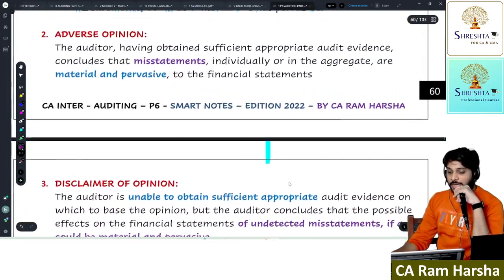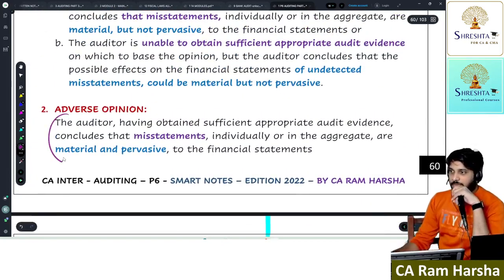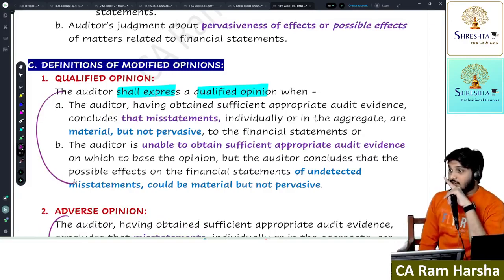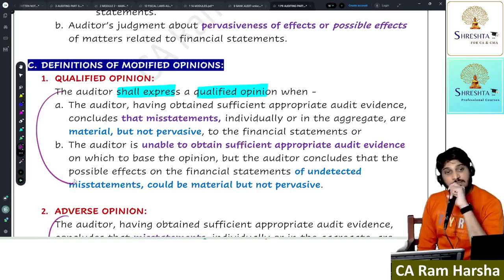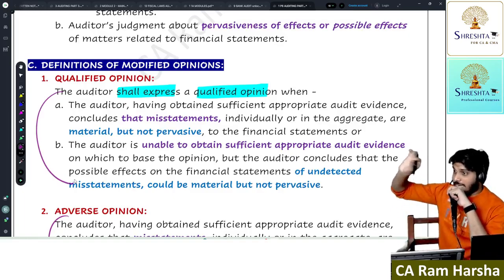And that's why you see, disclaimer of opinion has only one para definition, adverse opinion one para definition, whereas qualified opinion has two parts of the definition. One part is regarding evidence available, material misstatement discovered, but not pervasive. Another part: evidence is not available, but it is an important item, but not pervasive.